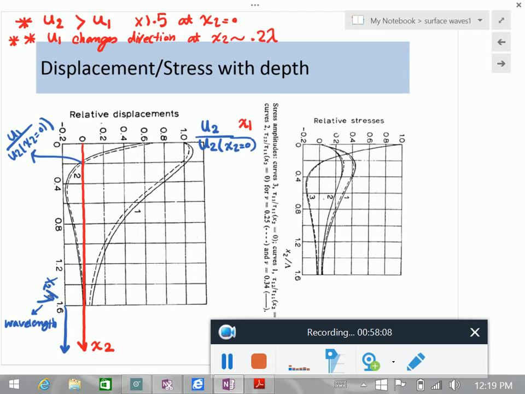It's in the right direction, but when it goes to a depth of like 1.5 or 1.6 lambda, both u1 and u2 will contribute. This is exactly the main important observation. If you look at what's happening when you go towards depth, even at 1.6 times lambda, the amplitude is small. Practically, you don't have any amplitudes beyond 1 lambda.